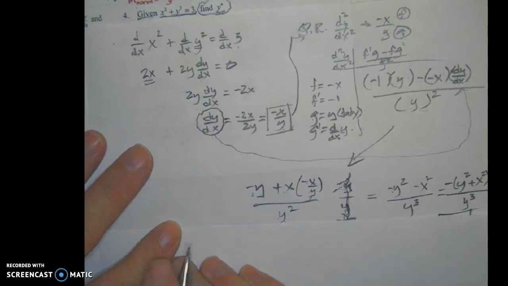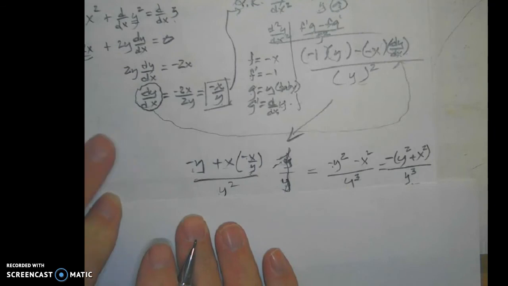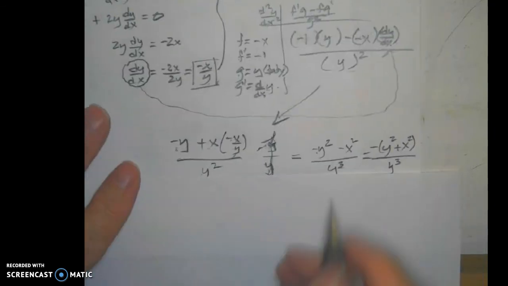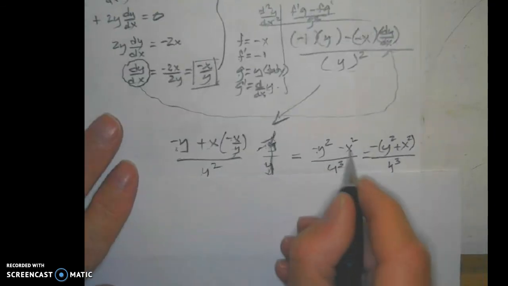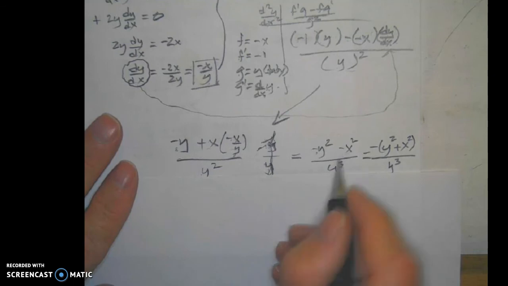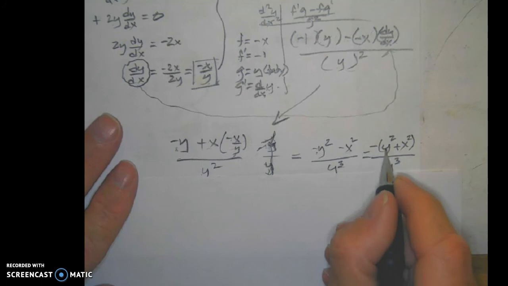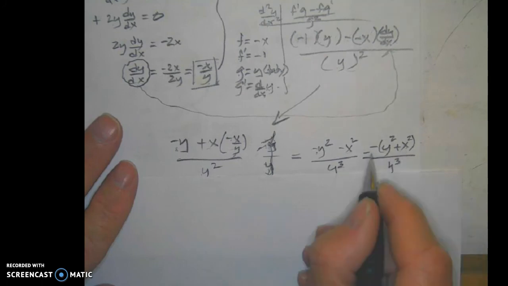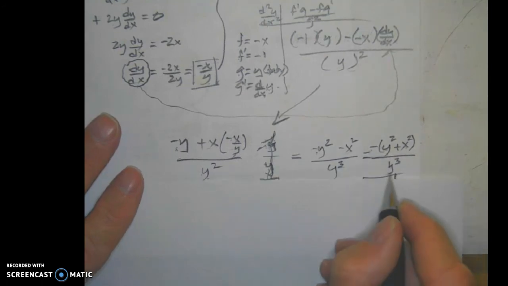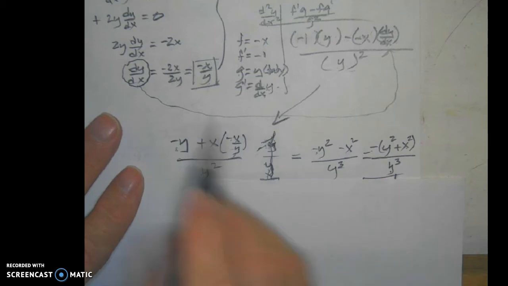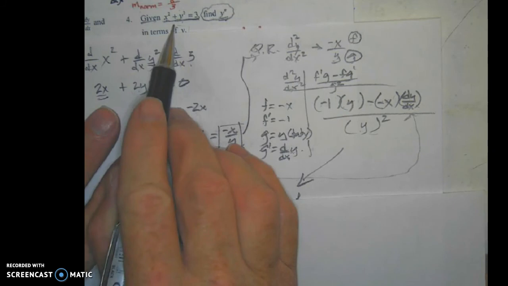Now at this point it looks like we're stuck because we still have x's and y's together. But remember that this looks an awful lot like a circle. If I could just extract the negative, which I can, it'll leave me with y squared plus x squared, its opposite value, divided by y cubed. Remember I told you at the beginning that what our given expression was would come in handy?